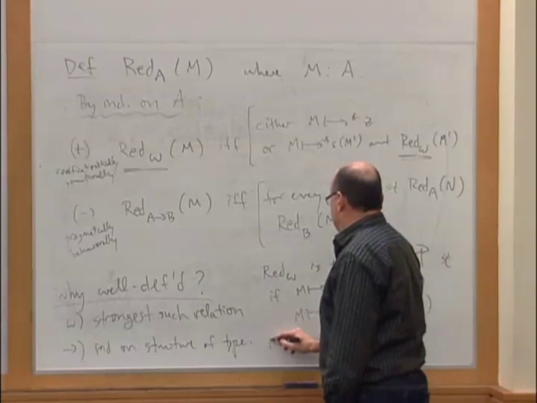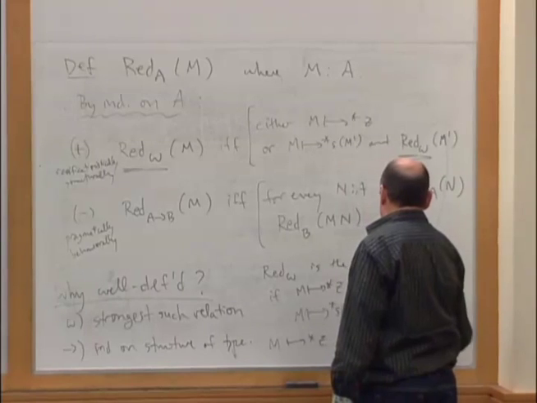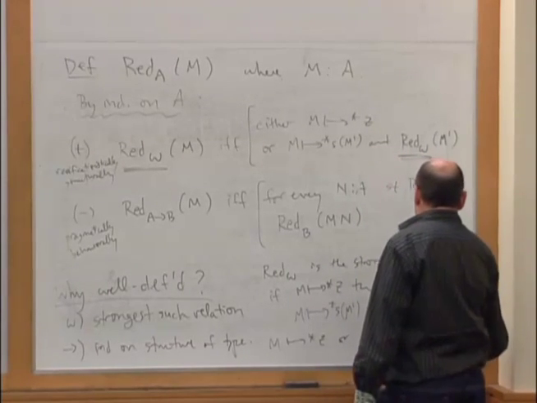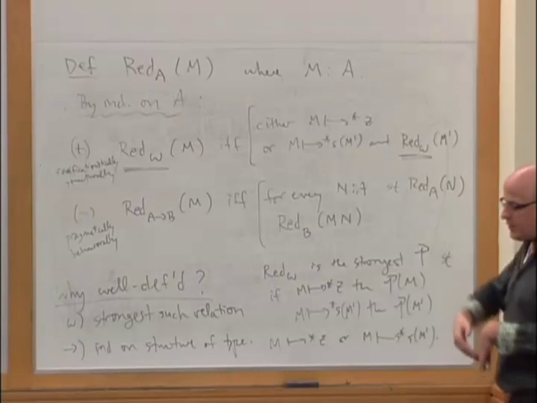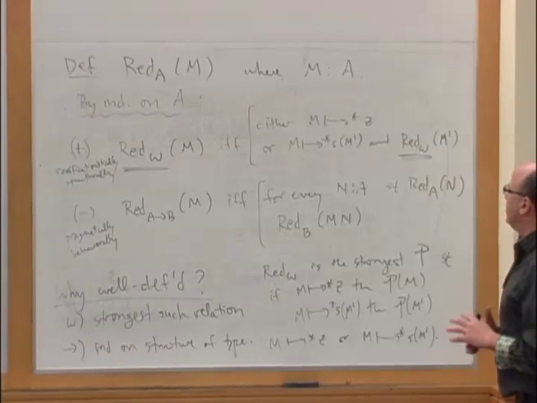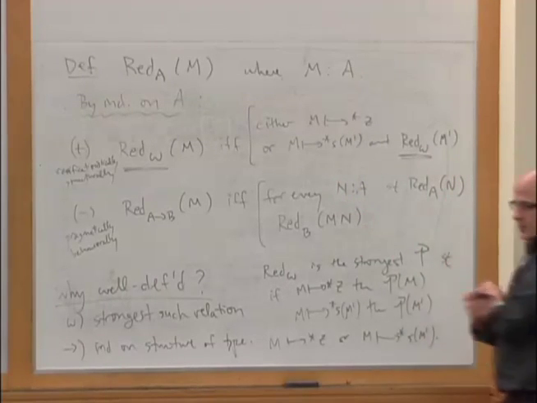And m evaluates, you could write it like this, 0 or some successor. Okay? So you want to say it's the strongest one. So in other words, or the least thing, or the intersection of all such things, or however you like to formulate that. I want it to be the strongest predicate satisfying these conditions.